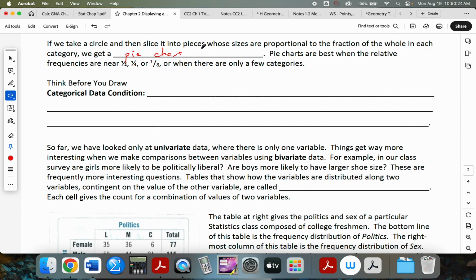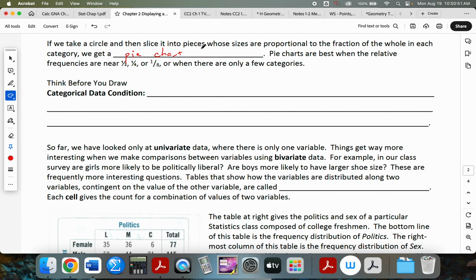And they say or, but you don't want to have a ton of categories, right? If you've got 23 categories, a pie chart is not a good way to go. It's so broken up, it doesn't help you get the complete picture. And for most of the things we do, we don't do that many categories anyway. So it's usually not an issue.